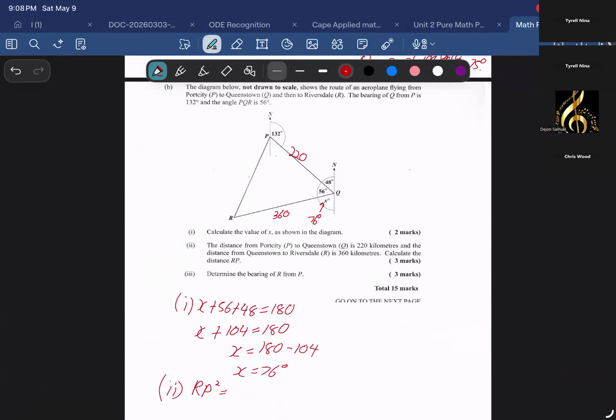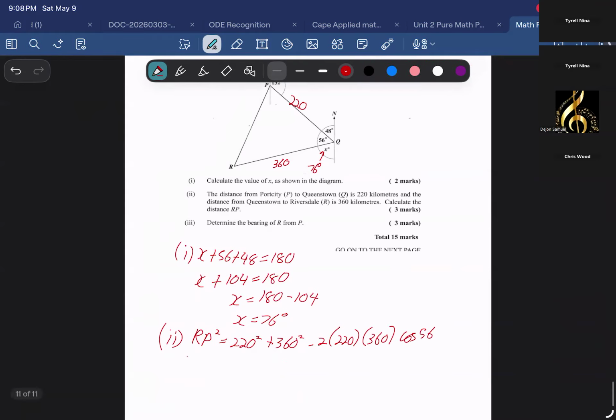RP squared is 220 squared plus 360 squared minus 2 by 220 by 360 cos 56. You can plug this straight into the calculator. RP squared is 89423.84.